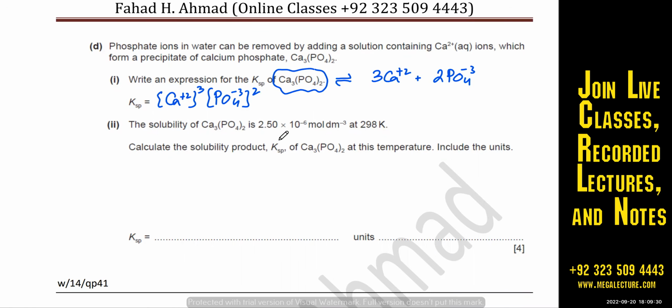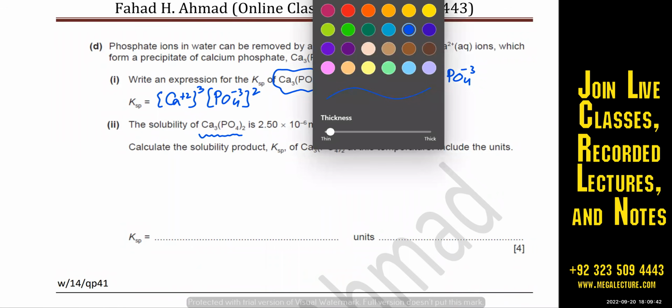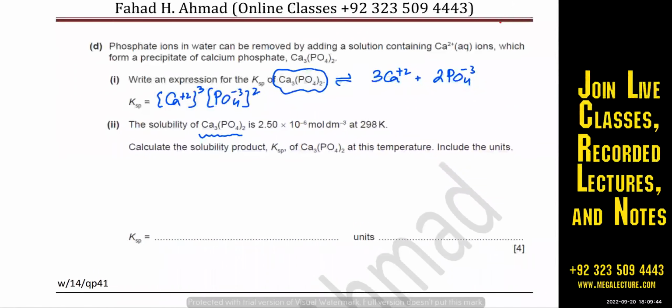He's asking about the solubility product of calcium phosphate, and he's told us the concentration, the solubility. That is the amount that has already mixed. Using that, I'm going to calculate the concentration of the ions.